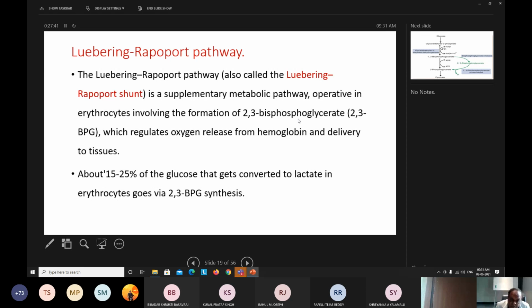So this is the supporting or bypassing pathway. About 15 to 25% of the glucose that gets converted to lactate in the erythrocytes goes via 2,3-BPG synthesis. When the end product is lactate, you must think that it is taking place in anaerobic conditions.